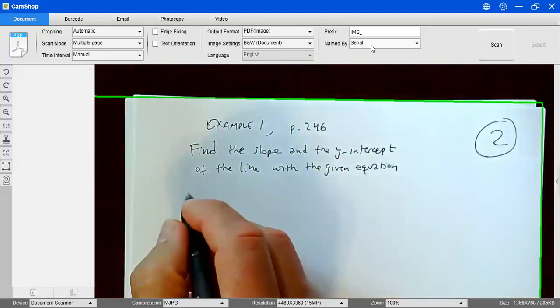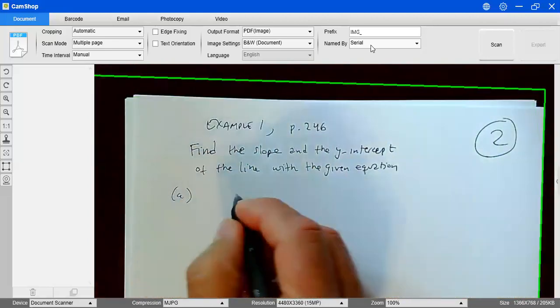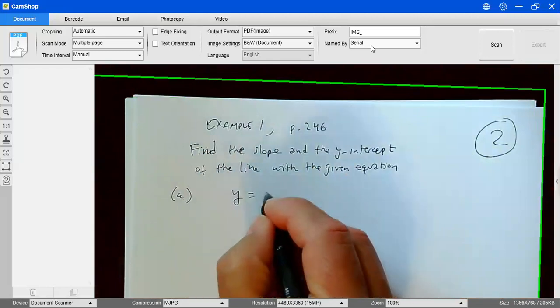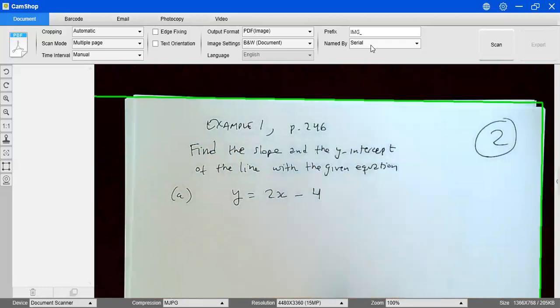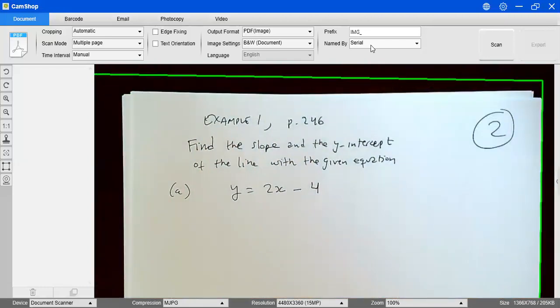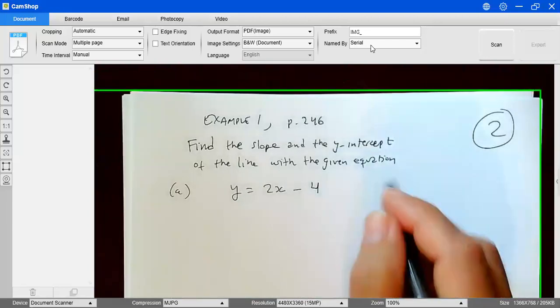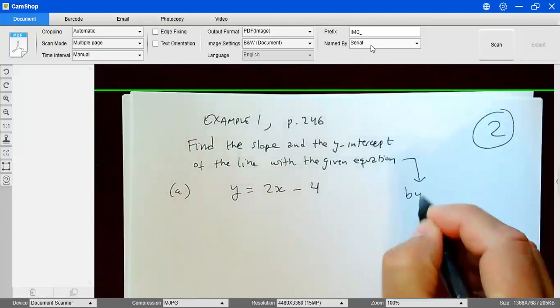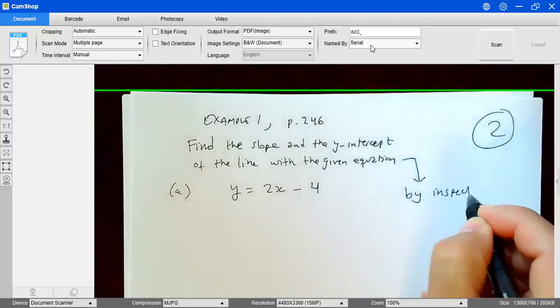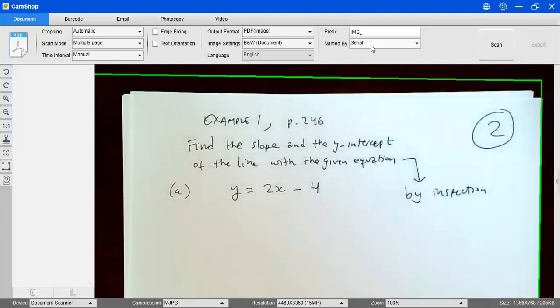So our first case is just y equals 2x minus 4. So how are we going to find the slope and the y-intercept? We're going to do it by inspection. So we're going to look at the equation.